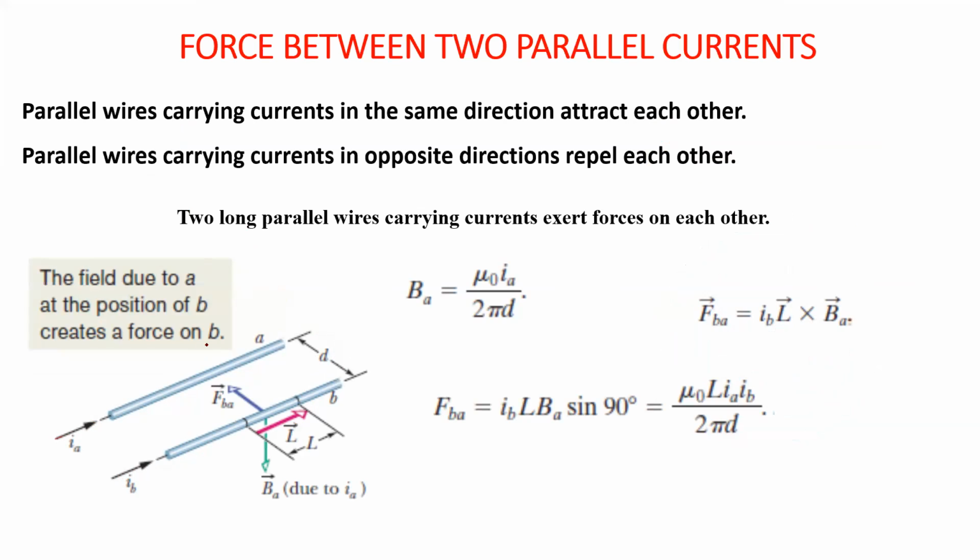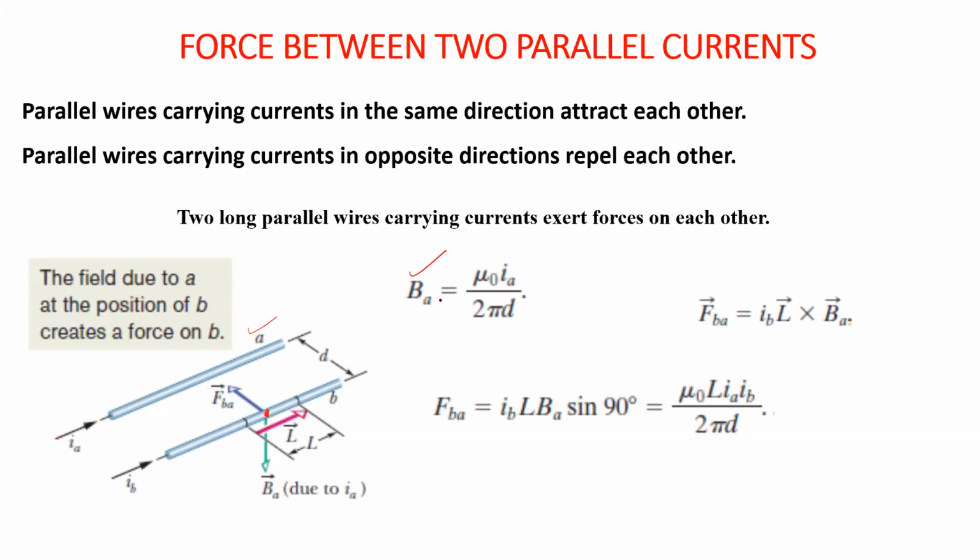So what is the force, or the magnetic field produced by this conductor A at this point? Let us consider a point where we want to calculate the magnetic field. What is the magnitude?